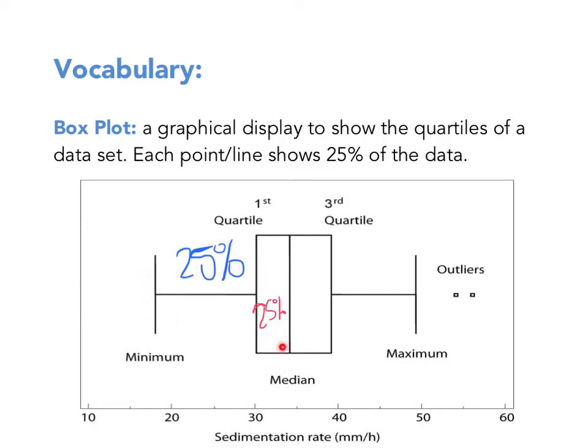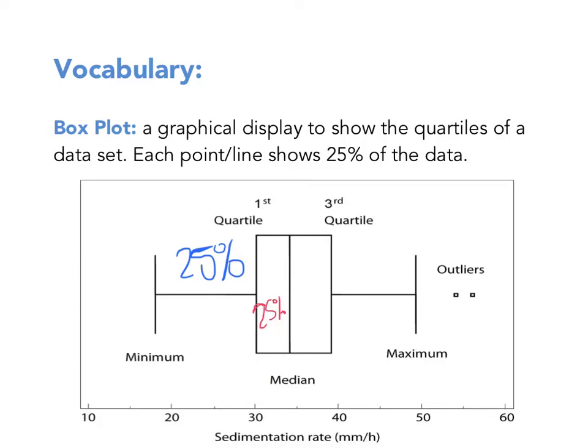So the shorter the range, the higher the concentration in that part of the data. So that's probably the most common section, whatever this box plot was measuring, sedimentation rate. The highest rate was probably around here, most common rate.